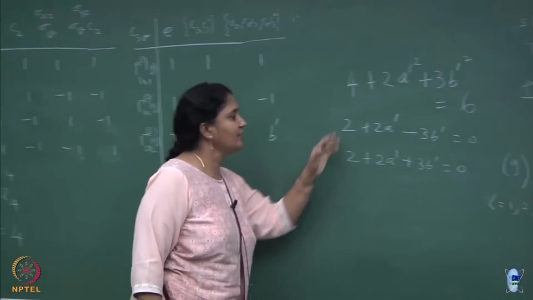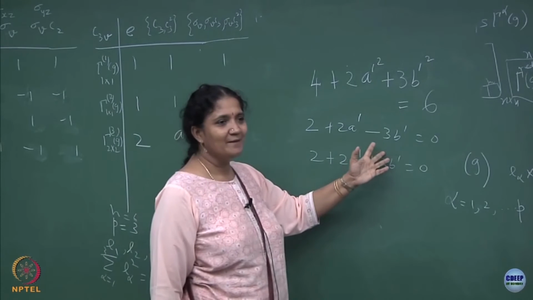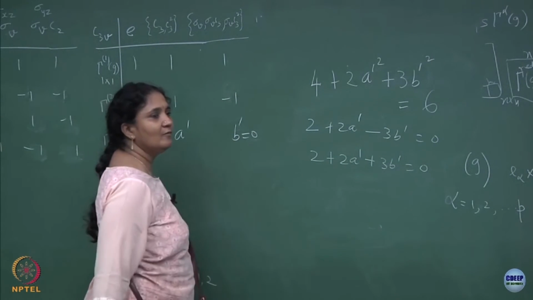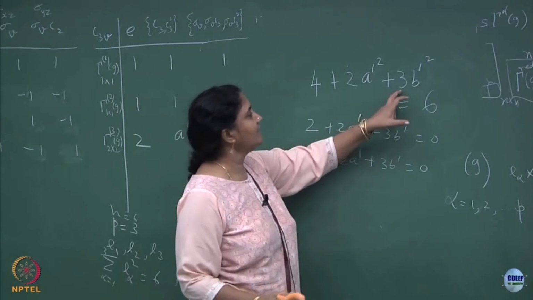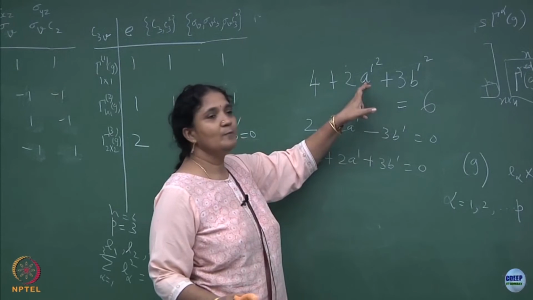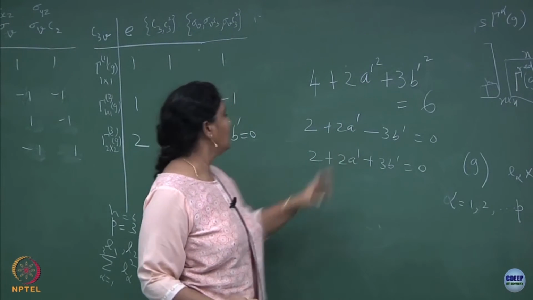Clearly these two equations will tell you what is the solution. B prime has to be 0, and is it satisfying that other condition? Yes, A prime could be plus or minus 1, but then this condition will tell you minus 1.